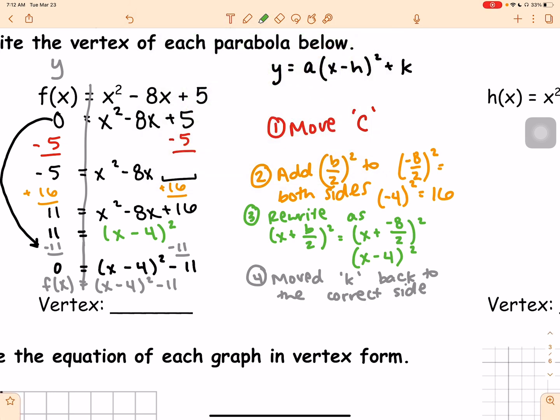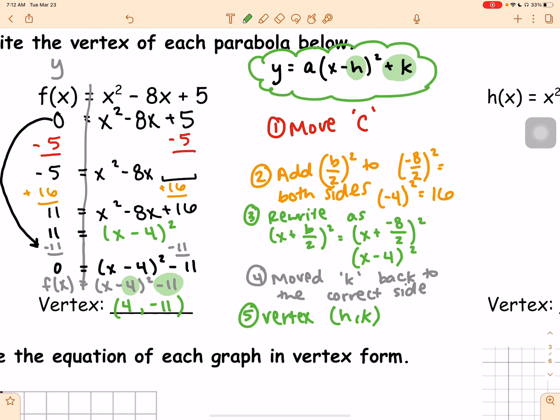So just like above in our table, it's the opposite of whatever the number is here, and the k is what it is. So the h is not -4, the h is +4, and the k is -11. So that is your vertex. So the vertex is h comma k. Remember, I get the h from up here and the k here in our little vertex form.